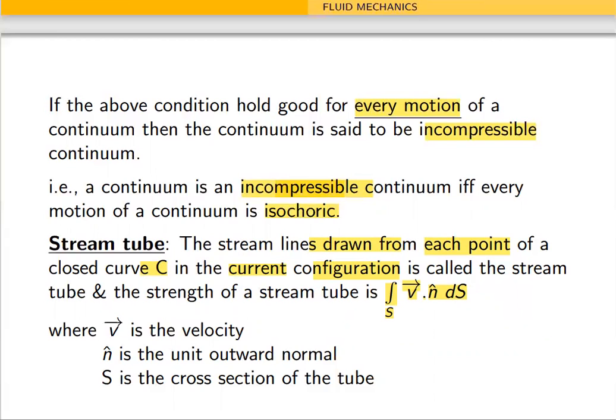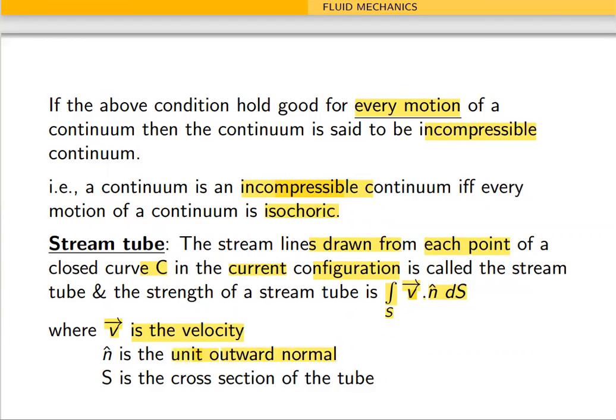That is the strength of the stream tube. It is the flux of velocity across the surface S enclosing the volume V.